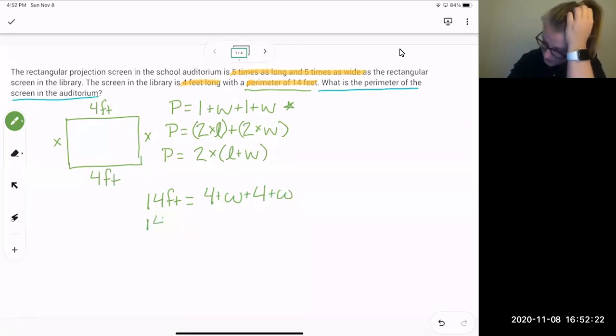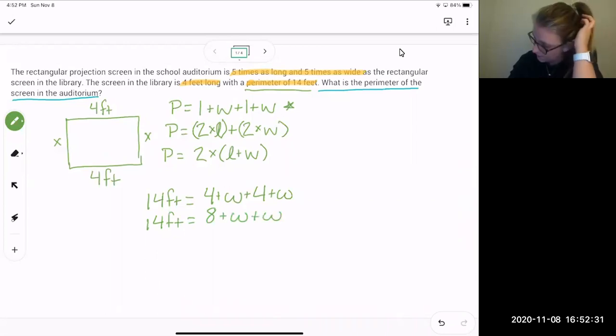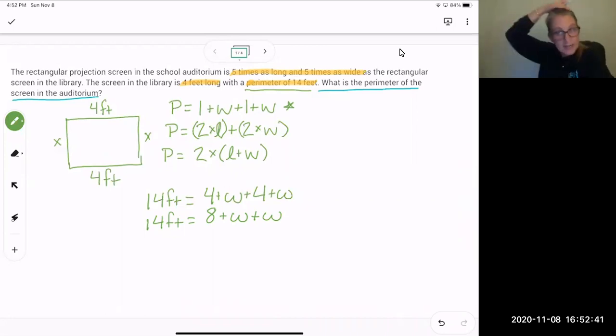So that gives me 14 feet is equal to 8 plus W plus W. Okay, so if I take my 8 and subtract it from 14, that gives us 6 feet.